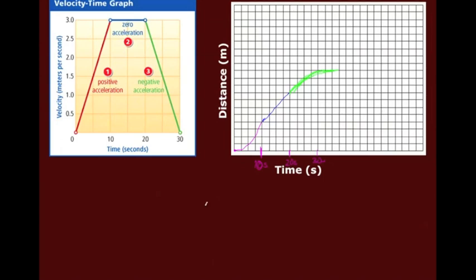It should go something like this: curve up, straight, then curve down. And this section in the middle, where the line is straight, is where you would have 0 acceleration.